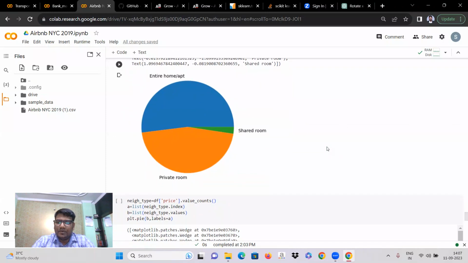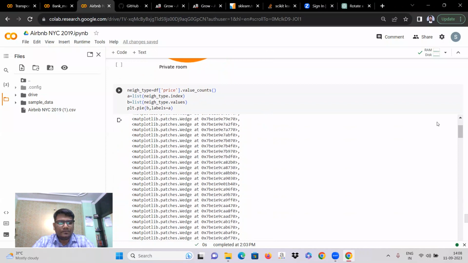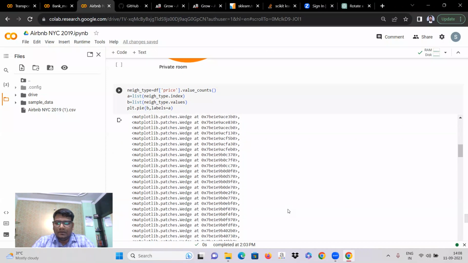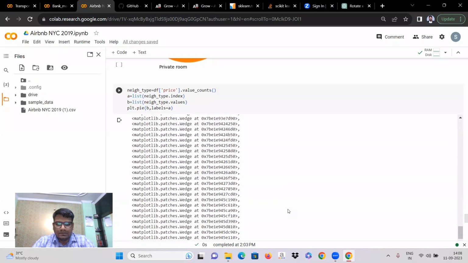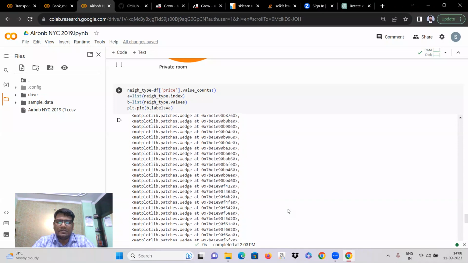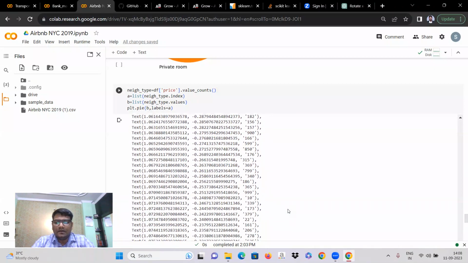And similarly, the entire home apartment was preferred. More than 50% of the business we got is from the entire home apartment, the second, a little less than 50%, was from the private room, and a considerably low number from the shared room. Here we'll get another meaningful insight about the price the customer has preferred to pay for the rooms.